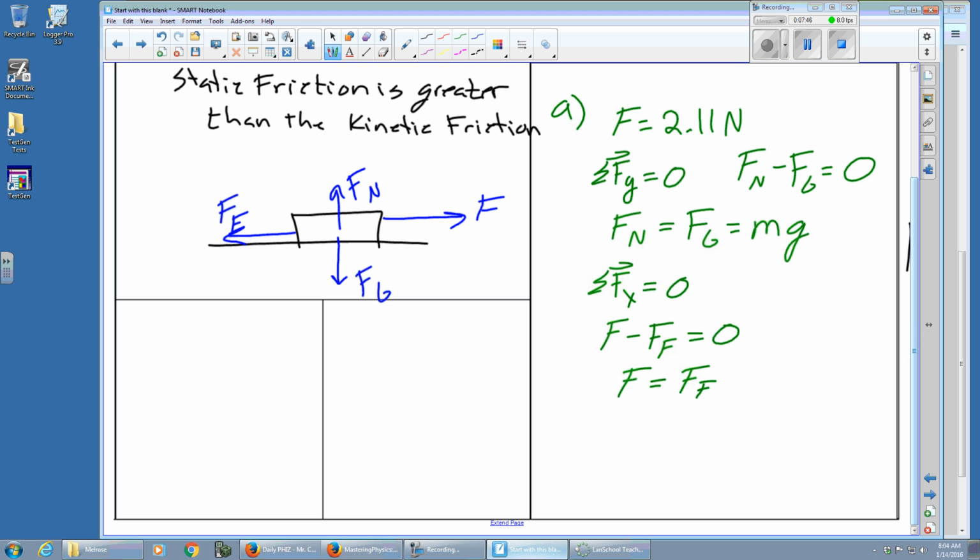Remember that frictional force is one of those kind of smart forces, in a sense. It's only as big as it needs to be. So this would be like the maximum value that it had. If I push with 1 newton, it would push back with 1 newton. And then I increase to 1.1, and then it goes to 1.1. It just keeps increasing until we hit this limit of 2.11 newtons. All right?